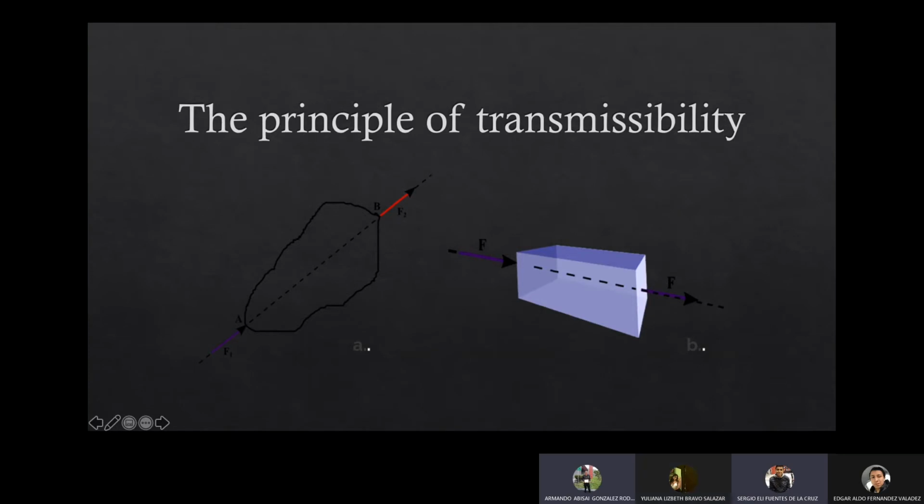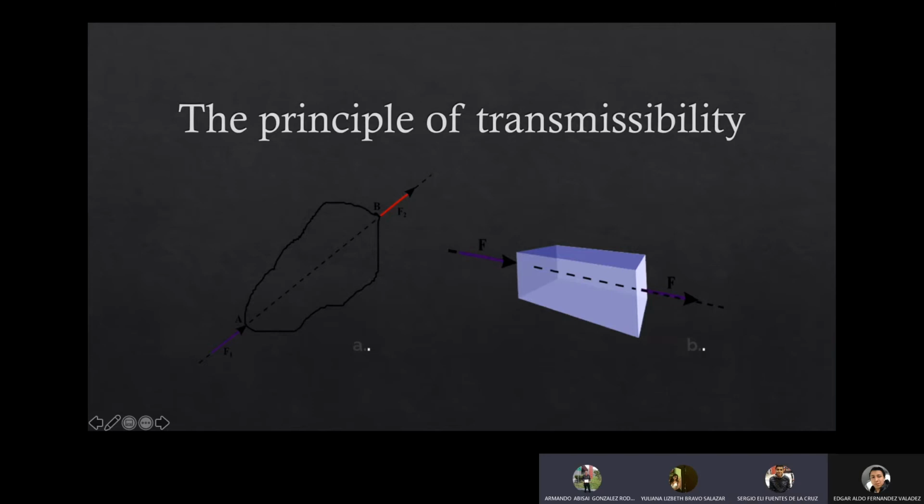The topic is the principle of transmissibility. Yes, that is what we are talking about. Even though it's really simple. Yes, it is. Really, I've been studying for hours and I still don't get it. Please help me understand the topic.